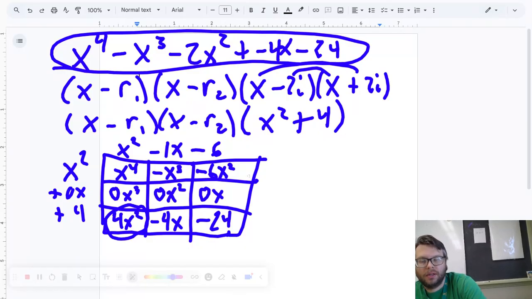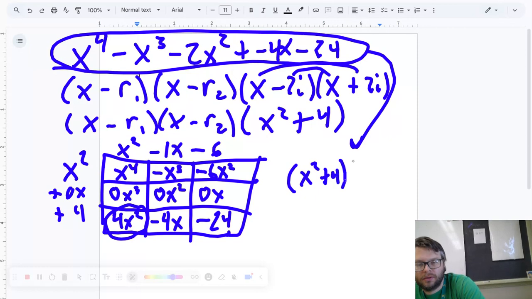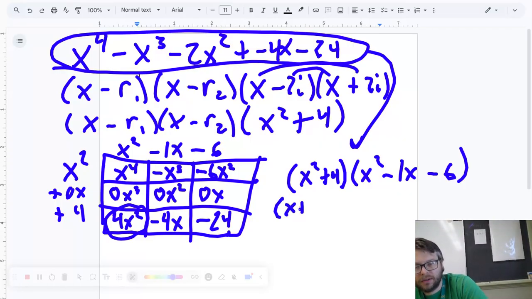So what we know is that our original polynomial now can be factored to be x squared plus 4 times x squared minus 1x minus 6. x squared plus 4, remember, is the x plus 2i times x minus 2i.